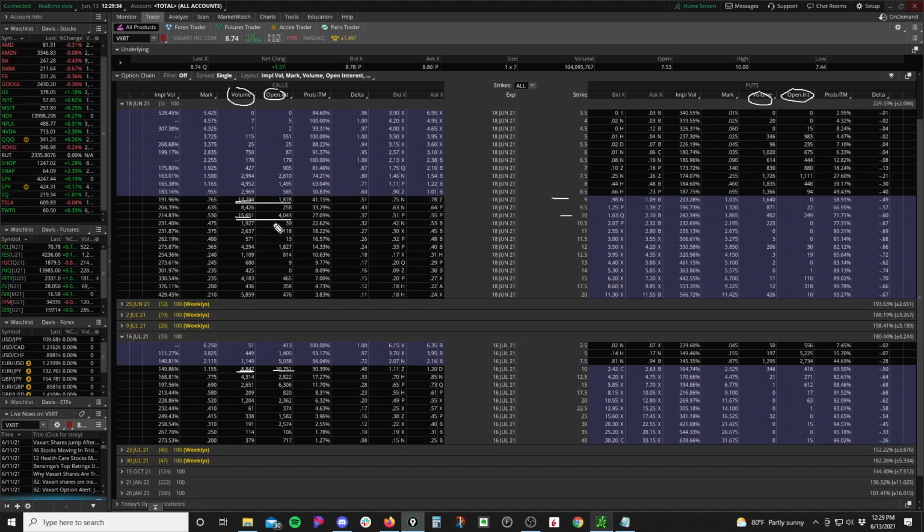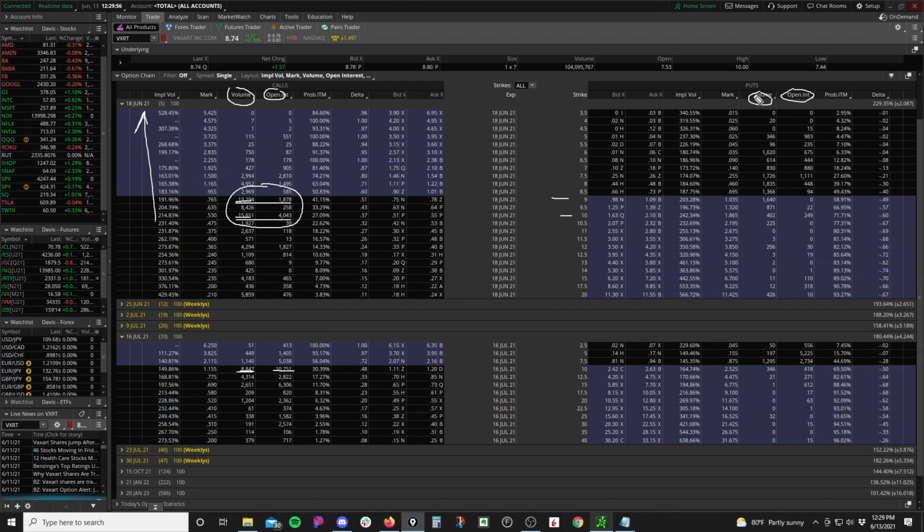So we've identified this name through Cheddarflow. We've dissected the flow on the options flow tab after we looked at it on the unusual volume tab. And now we've come over to the options chain to really see where that interest is inside of this name and on what strike. So there's a lot of interest for next week, okay?